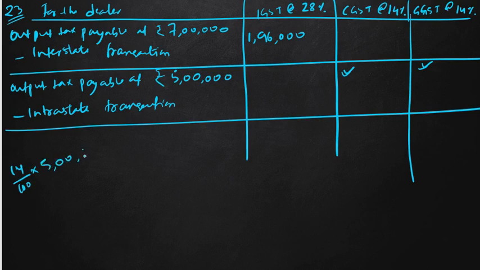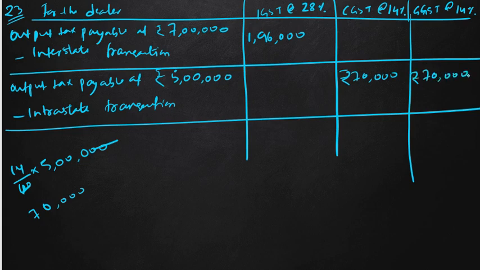So we will have CGST and SGST, and CGST is 14%. So 14% means 14 by 100 into 5 lakh, because this tax will be applicable on 5 lakh. If we calculate, 5 fours are 20, carry 2, 5 ones are 5, 5 plus 2 is 7, and the zeros. So it is 70,000.